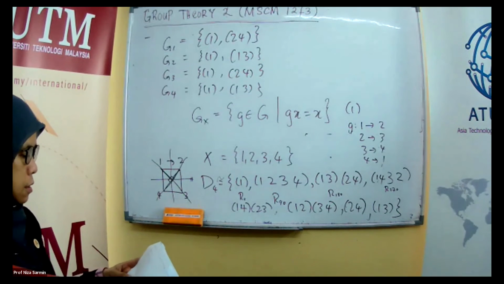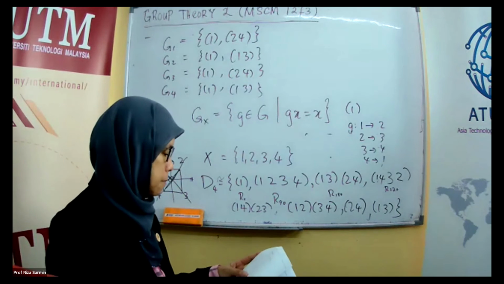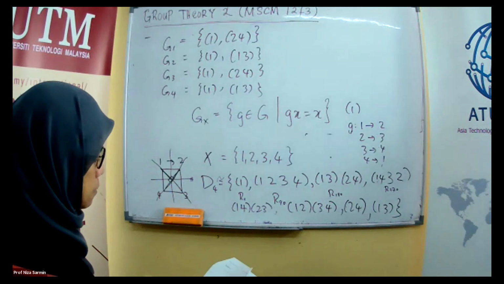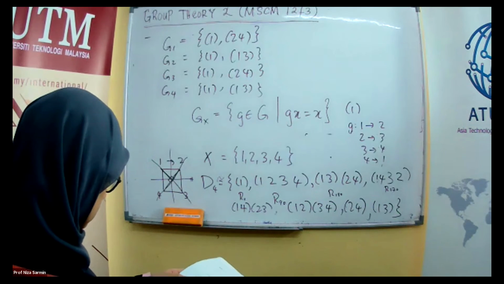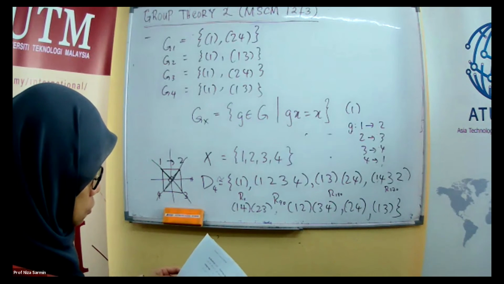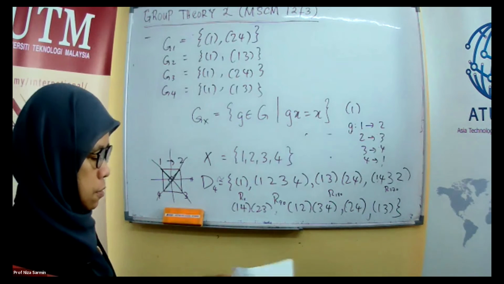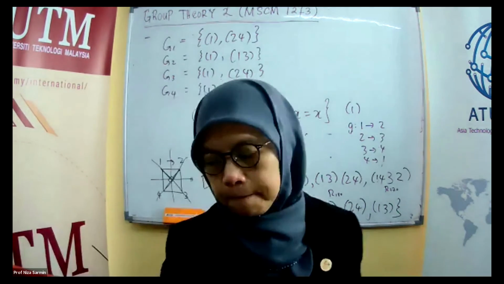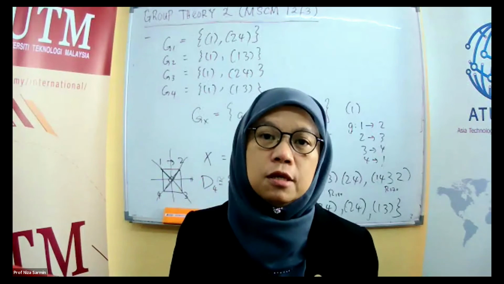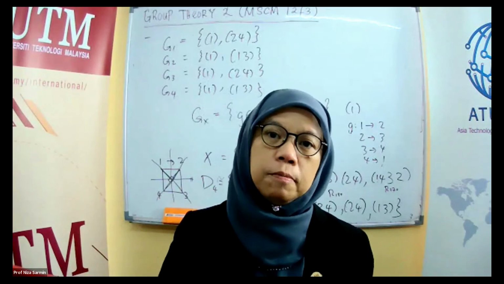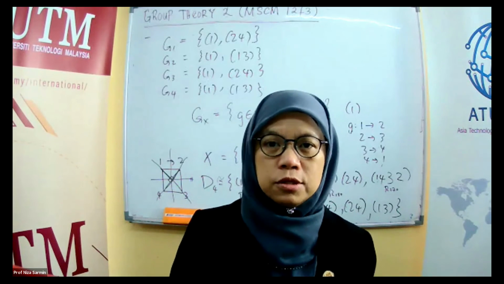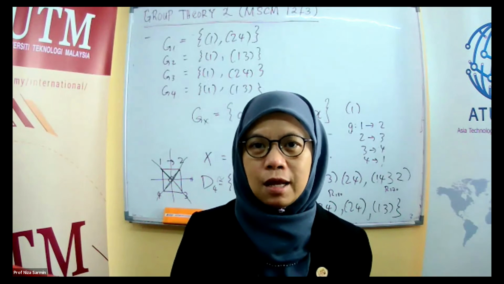Okay. All right. So that's it about the orbit and isotropy. So this is actually the review. We have seen this in permutation, but try to apply this for group action. In this case, group action is like permutation.